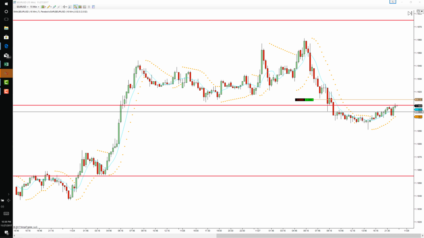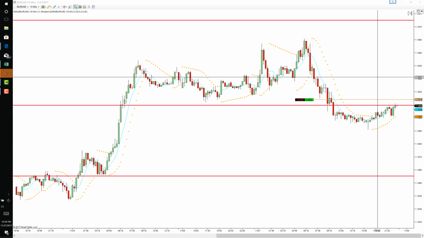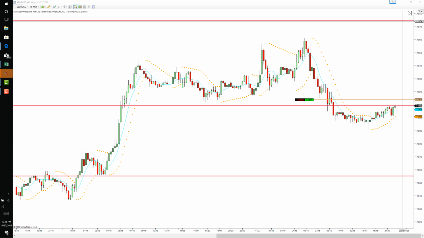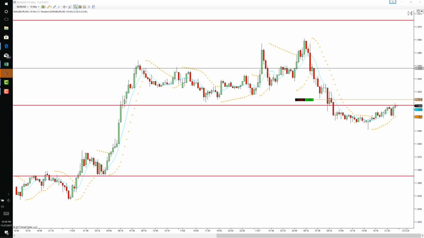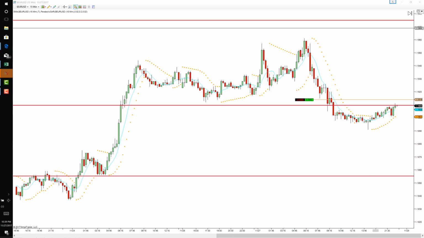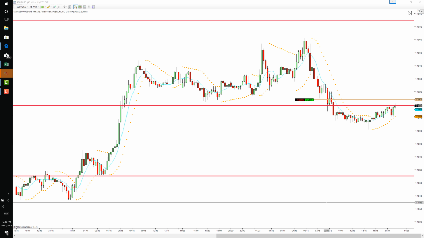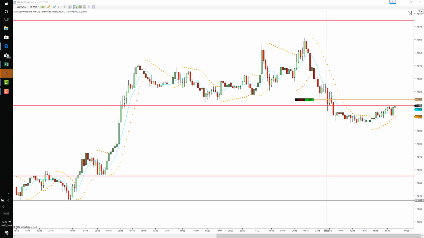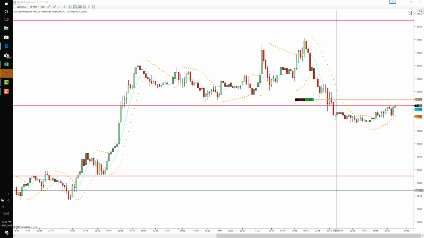If price does break above this throughout the night and continues, well then, as you're going to see, this simple moving average is going to start going up. Price will be above it like it is over here, and 1975 will be the area of resistance, and that will be the area where I would plan on selling, getting out basically of it. So my stop is probably going to be there, but I'm not ready to do it just yet.